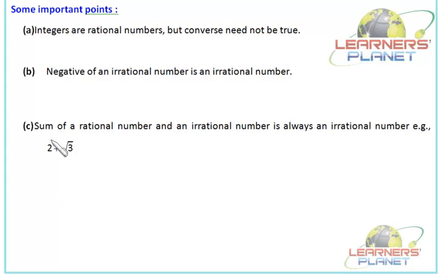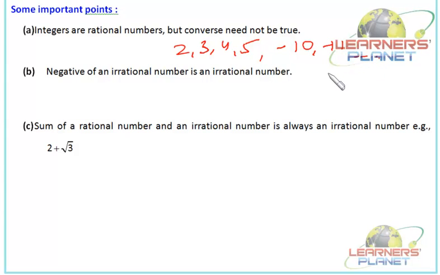Now friends, let's see some important points which we have to keep in mind. All the integers are rational numbers, but the converse need not be true. Suppose I take an example, say 2, 3, 4, 5, or maybe negative numbers, say -10, -11, and so on.